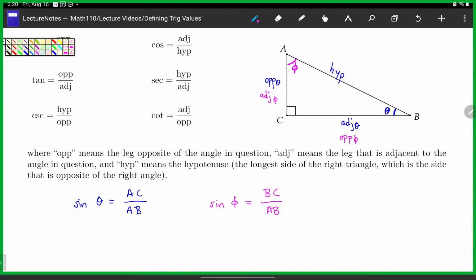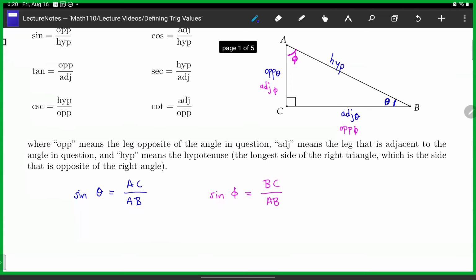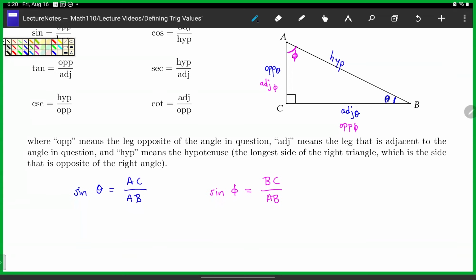Some of you have probably heard a little bit of a memory tool, also called a mnemonic device. I'm just going to call it a memory tool, which is often pronounced as SOHCAHTOA.